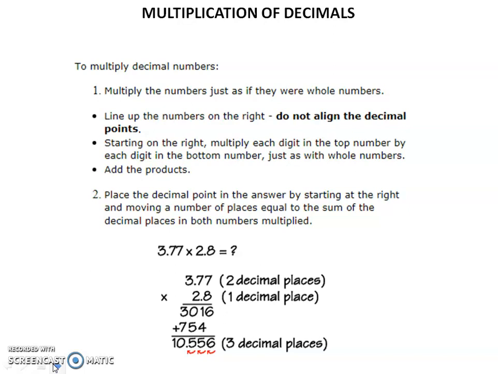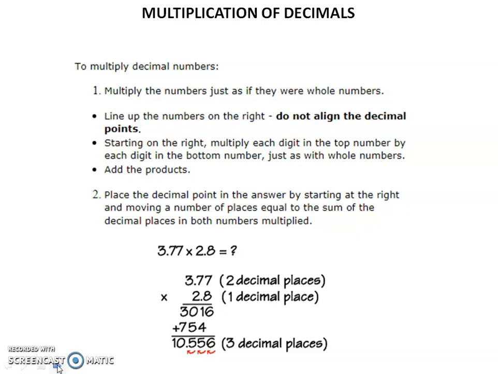Here the first step you learnt is count the number of decimal places. Here 2 decimal places, here 1 decimal place. So in the answer you should have 3 decimal places starting from the right end. That is the arrows shown here.